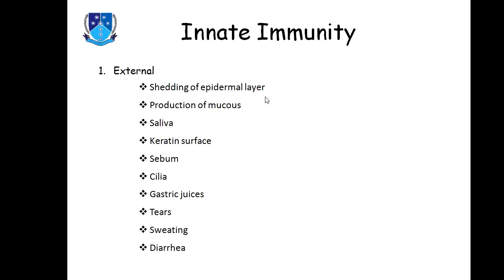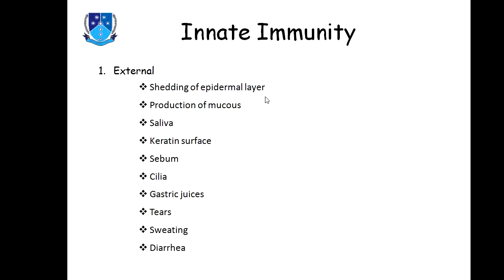So this production of mucus also provides immunity, because the mucus does not give opportunity to any foreign matter to infect the cell, because the mucus lining protects the cell lining.